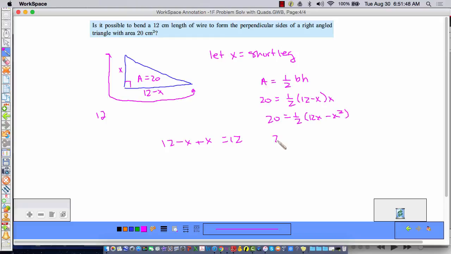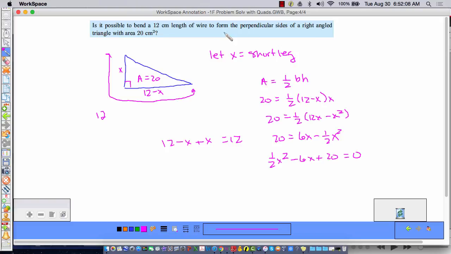So then 20 equals 1/2 times 12, so that's 6x, and 1/2 times minus x squared is minus 1/2 x squared. If I move everything to the left side, I get 1/2 x squared minus 6x plus 20 equals 0.